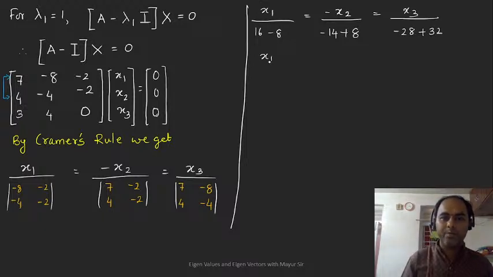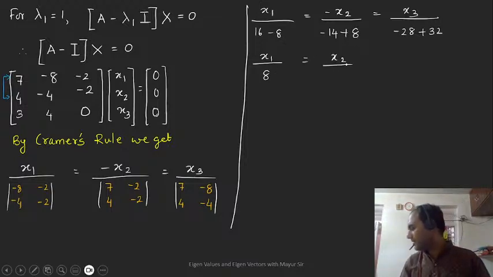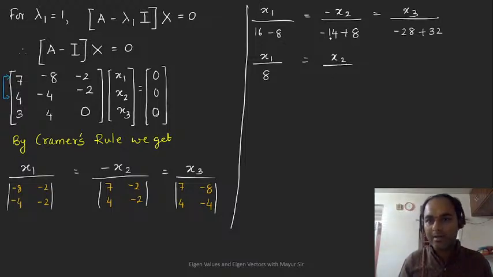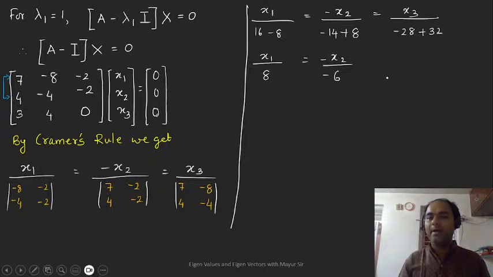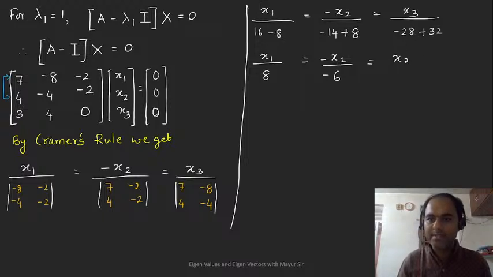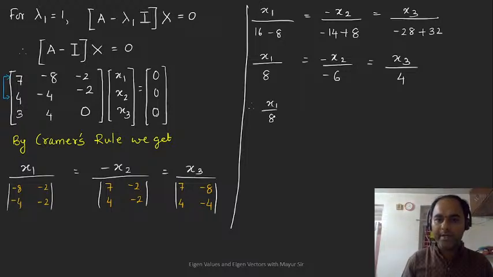So x1 over here, this is 8, here x2 you will get is minus x2 here, and here you get -6, and here you will get x3 is going to be 4. Okay, now this minus sign gets cancelled, so therefore x1 over 8, x2 over 6, and x3 over 4.